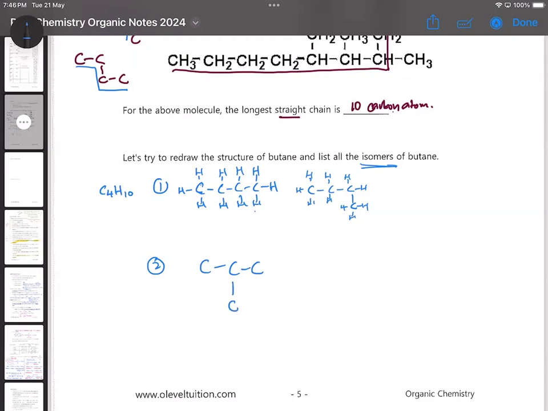Do not put them on the side, because when you put them on the side, it starts to look like this, and then there's no meaning in it. If you detach and put on the side, they are the same thing. So detach the carbon and do not put it on the side carbon atoms. Then you will get an entirely new structure. The key thing is don't put them on the side.